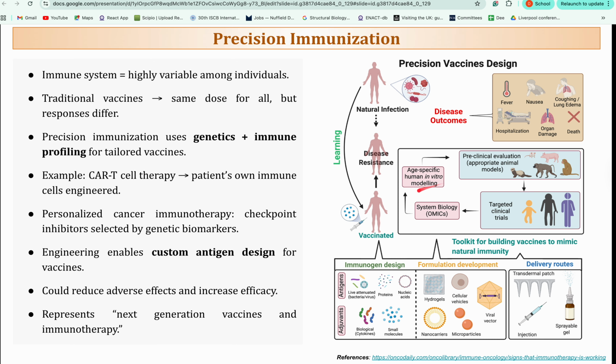So age specific human in vitro modeling is done, in which we look at the preclinical evaluations, in which we use the animal models to study the effect of the drug, and then we perform targeted clinical trials in which we perform testing on human beings. Then we have the systems biology omics, in which we capture the influence of the vaccine on different individuals, and we keep on modeling.